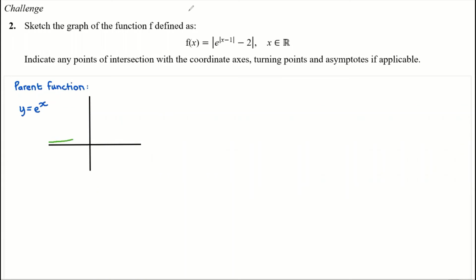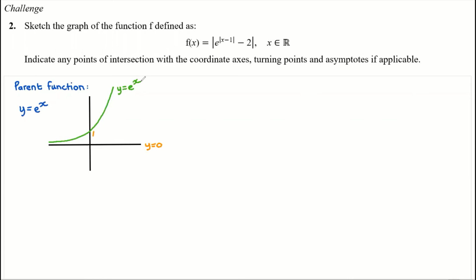So it's exponential, of course, so it's going to climb for positive x values. It's got a y-intercept at 1, as all exponentials do, and it has an asymptote at y equals 0. And the other thing to notice is that there are no negative values to speak of. So this is y is equal to e to the x.